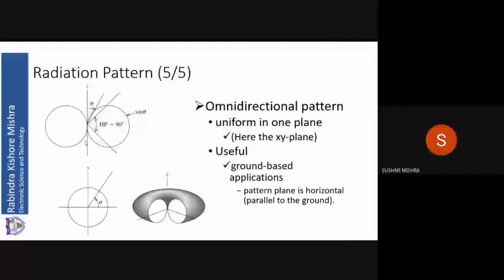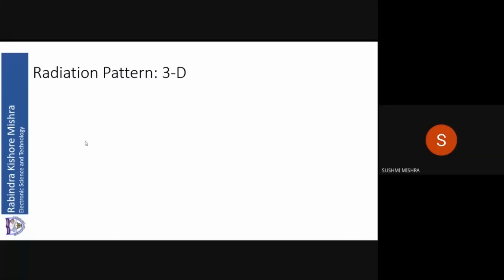Any application where the receiver or transmitter is mostly on the ground, where the radiation is to be received or transmitted from the ground, you will find omnidirectional patterns very useful because the pattern is horizontal to the plane.